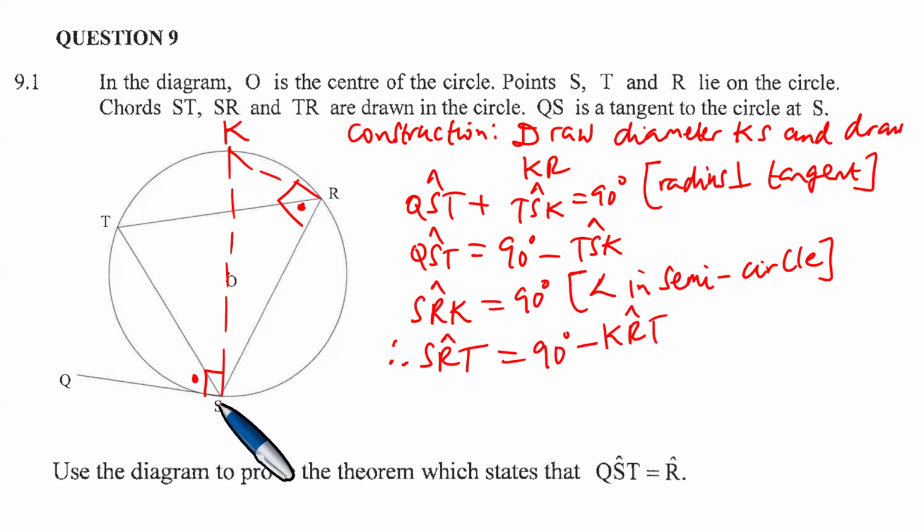So this angle SRT is the whole of this 90 minus KRT. We just subtract the top here. If you take the whole 90 and remove this part, you minus KRT, you will get the bottom angle here, which is SRT.